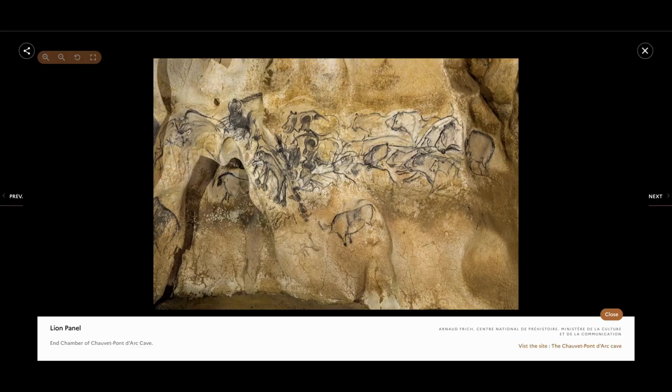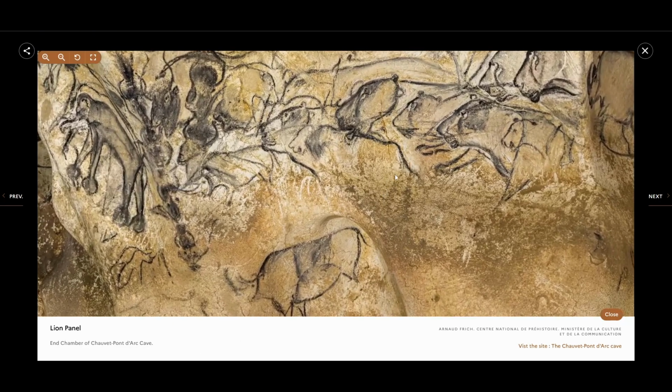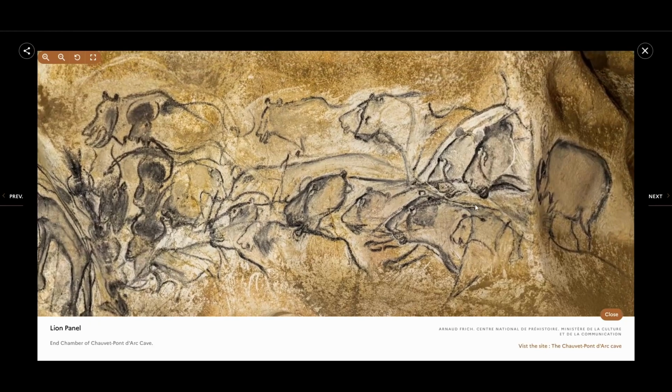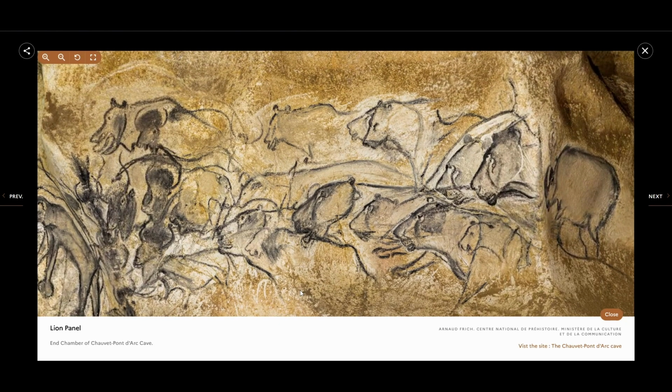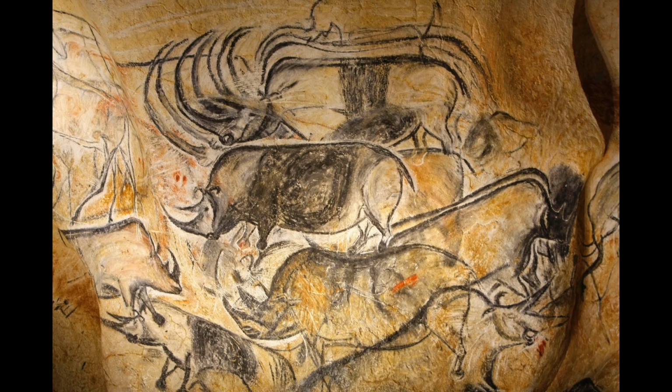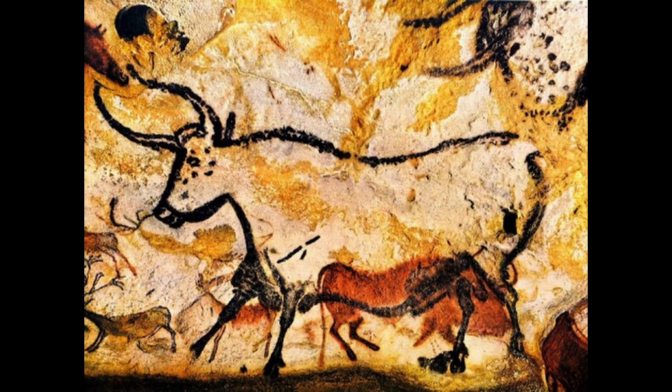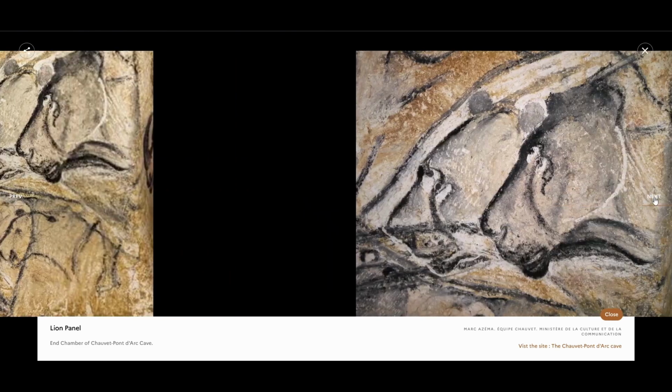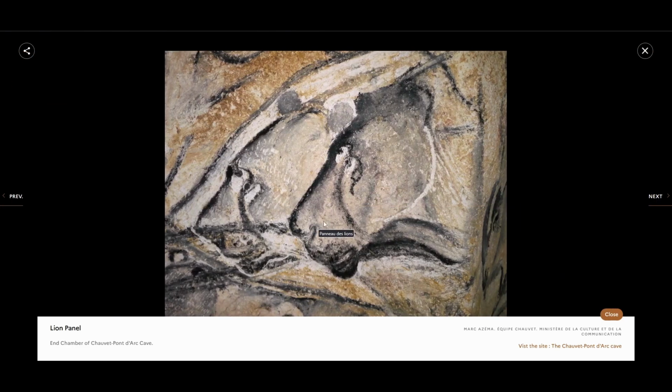For example, we have these paintings that date back 30,000 years, and look at this beauty. This is a study of movement. Look at these rhinos. I mean, these are studies about nature, about animal behavior, about animal anatomy, and it is an excellent way to teach others about these things.